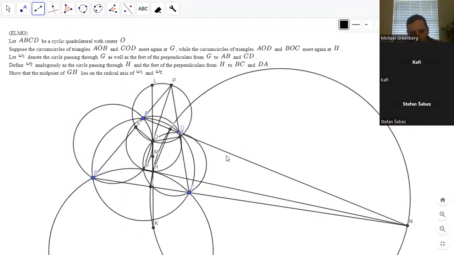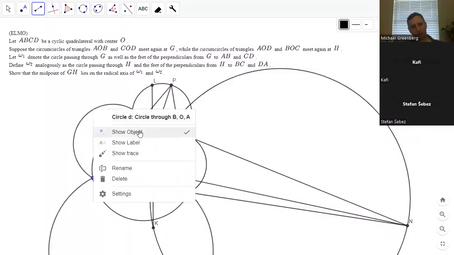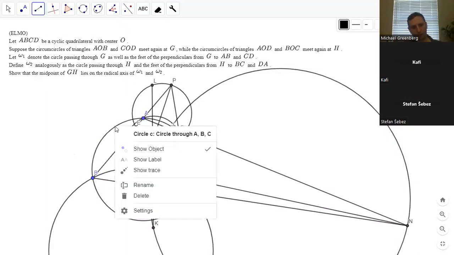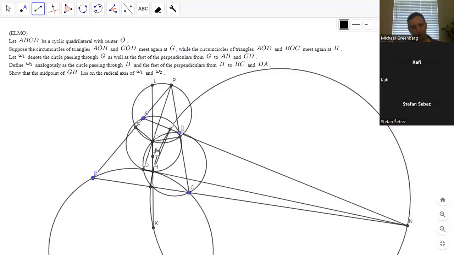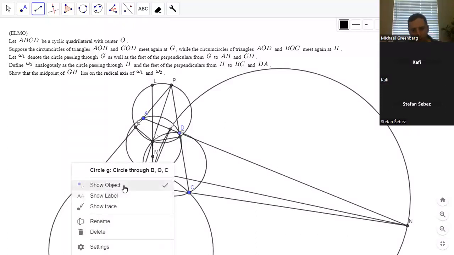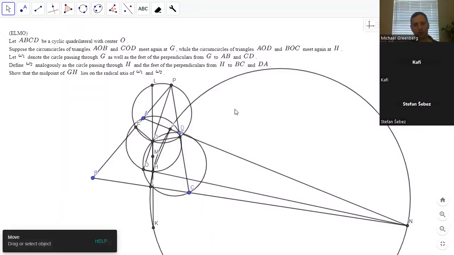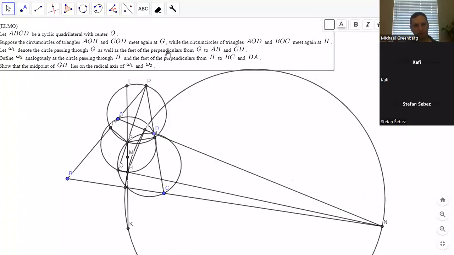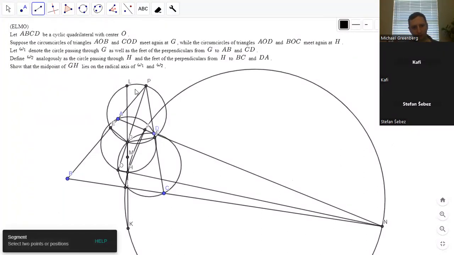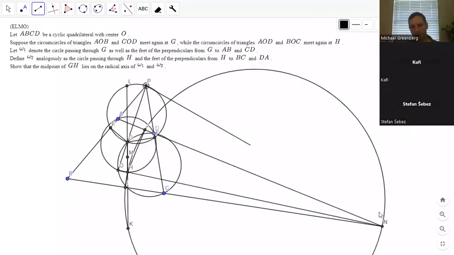And then we want to show that M lies on the radical axis of circles with diameter HN and GP. Okay. So really, we can hide a whole bunch of these circles, right? We can hide most of the diagram. Okay. So basically, you have triangle PON, and G and H are the feet of the altitudes.